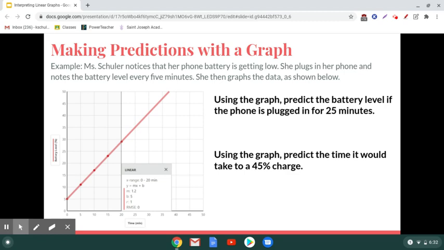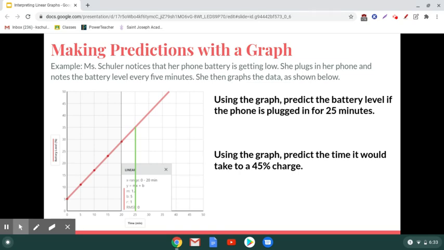So what we're going to do here is take a look at 25 minutes. Minutes is on the time, so you're going to go to the x-axis or the horizontal axis for time. You're going to find 25, and you're going to draw a line from 25 all the way up till it hits your best fit line. So you see that. We hit our best fit line.